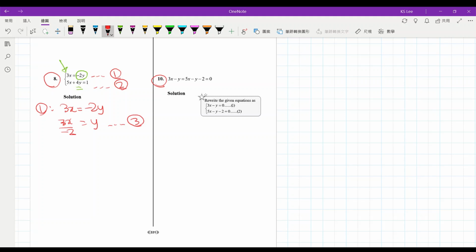So now we have y equals 3x over -2. So we are going to substitute the 3 into the 2.